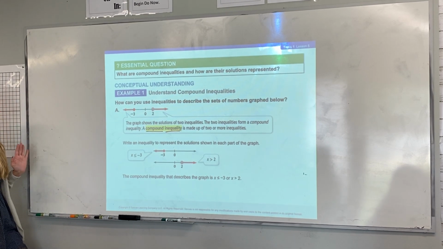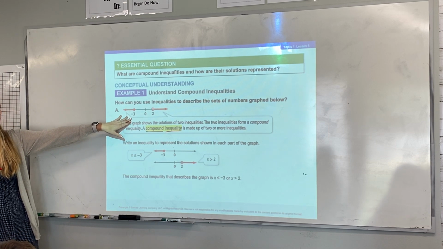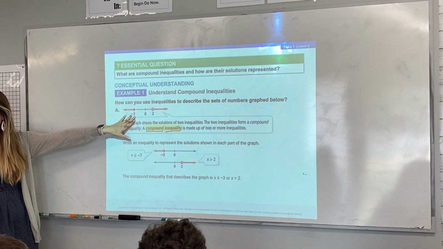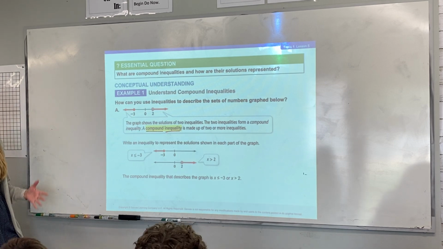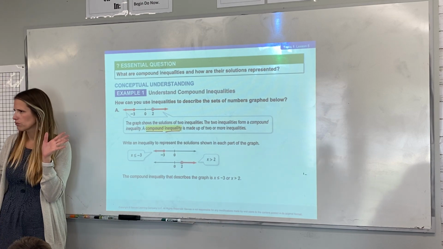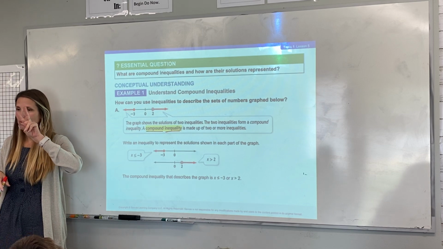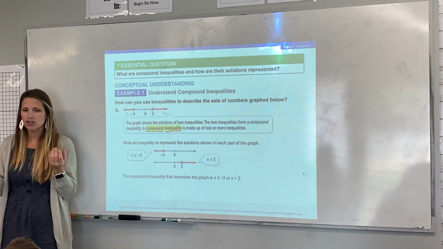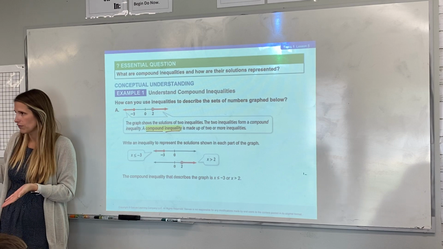Let's look at the graph of this compound inequality. We're used to seeing just one arrow, one section filled in. Now we have two, so it must be a compound inequality, because the value for x isn't just one set of numbers, it's two sets of numbers.